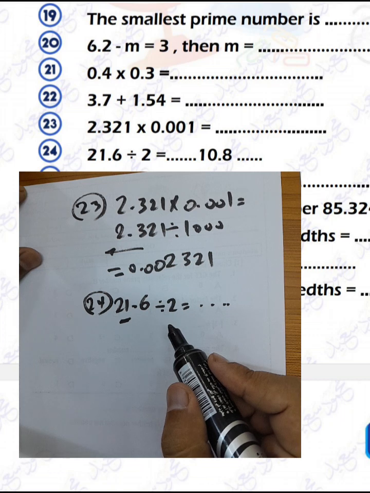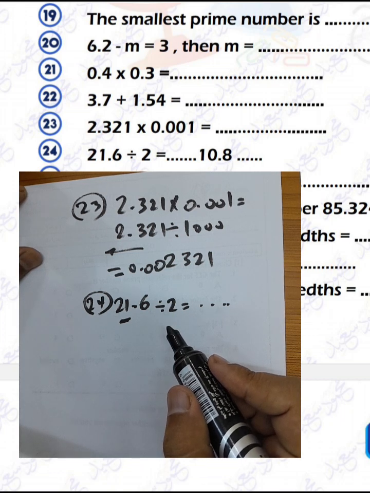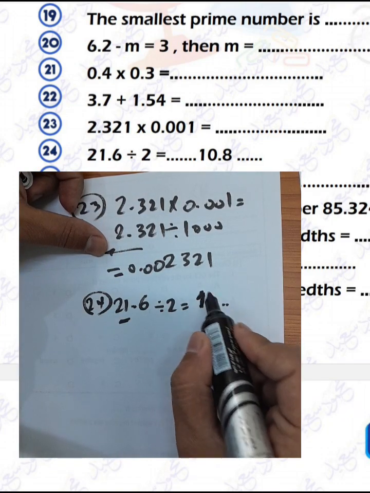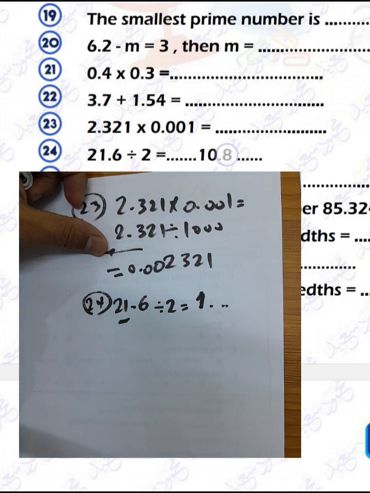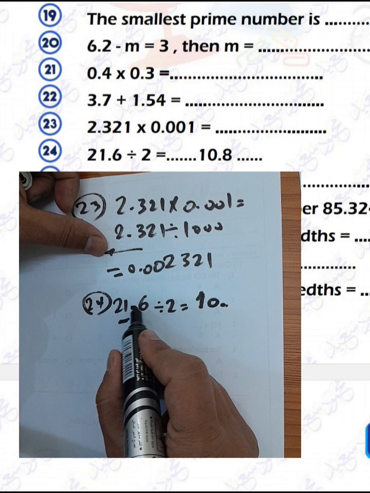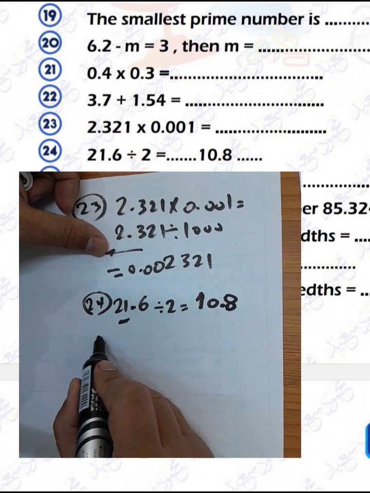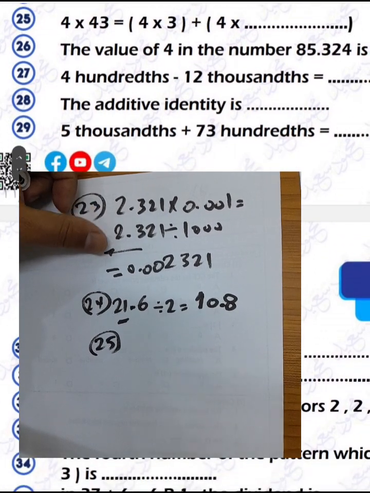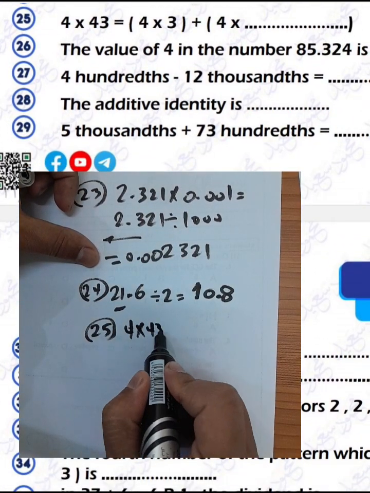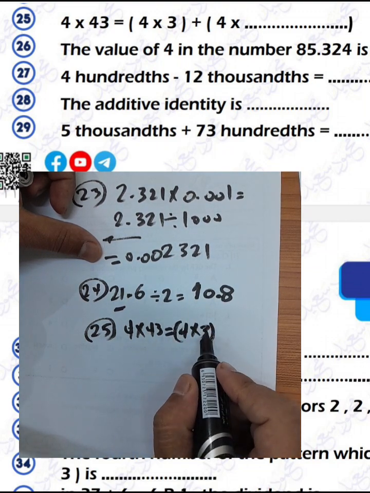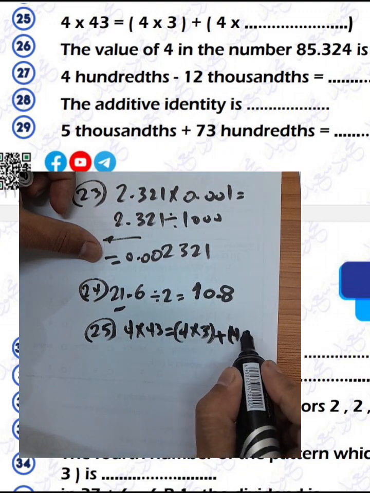We have here equal space 10.8. Okay, again, 2 divided by 2 equals 1. It's solving. Okay, this is the result. 1 divided by 2 equals 0 with the point. 16 divided by 2 equals 8. 25. 4 times 43 equals 4 product by 3 and 4 by 40.